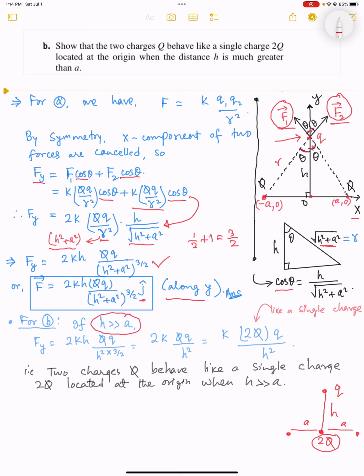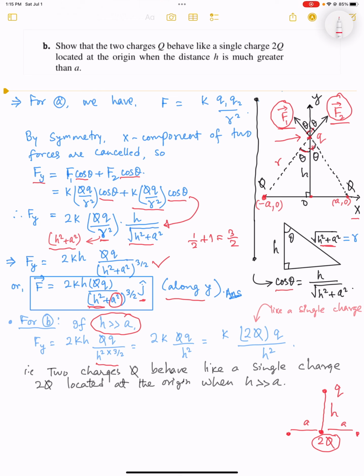If h is very, very large than a, the denominator, that is h squared plus a squared to the power 3 by 2, can be written as h squared to the power 3 by 2, because in comparison to h, a will be very, very small and can be neglected. So you will just end up getting h cubed, and you will just have to solve very simple mathematics.